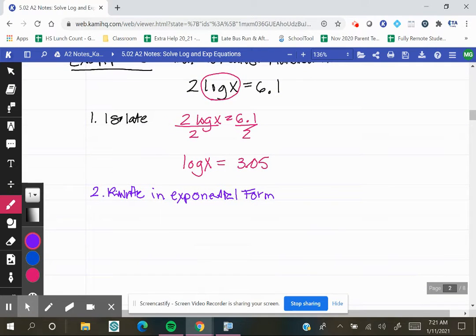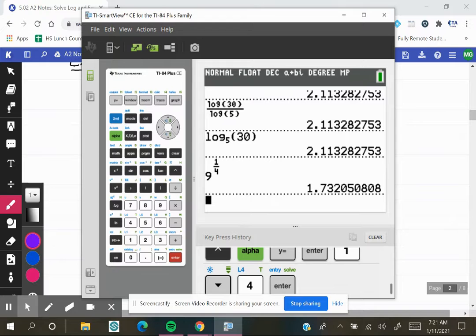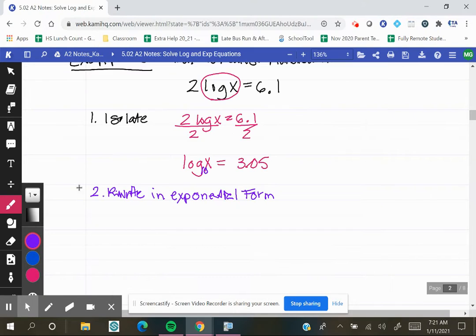So remember, if you're given a log without a base, that tells us it has a base 10. If you forget that, go to your calculator, look on the log button, see above the log button here is 10 to the x. So now I rewrite that. So my base is 10. This is our exponent over here. So 10 to the 3.05 equals x. And that's what you need to memorize for your setup.